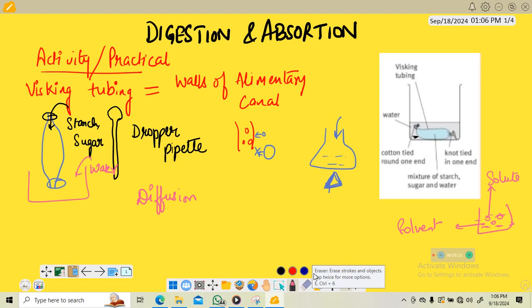Now this Visking tubing is like dialysis tubing. It is basically an artificial semi-permeable membrane, used as a separation technique. Here the process of diffusion will take place.